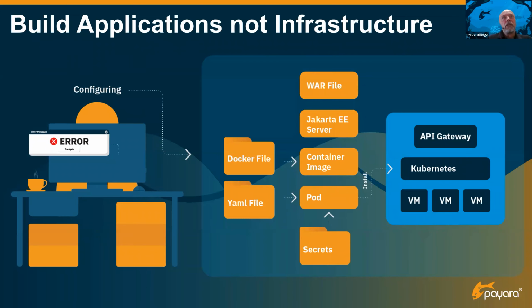For example, if you were going to package up a WAR file within a fat jar and deploy to Kubernetes, then you have to worry about creating that fat jar, but then you need to worry about creating your Docker files, building your Docker container images, writing your YAML files for creating your pods, and then interacting with and controlling that through the Kubernetes API.